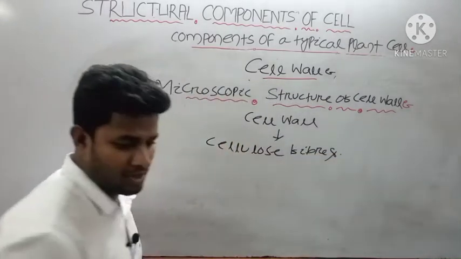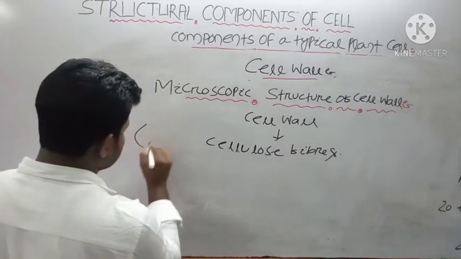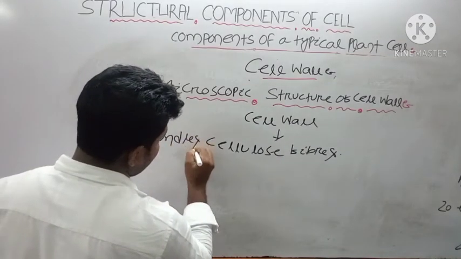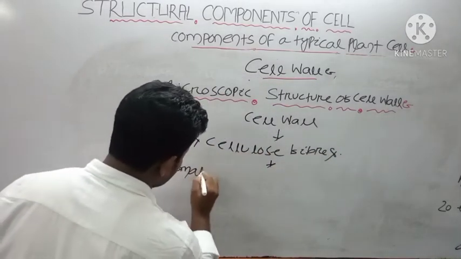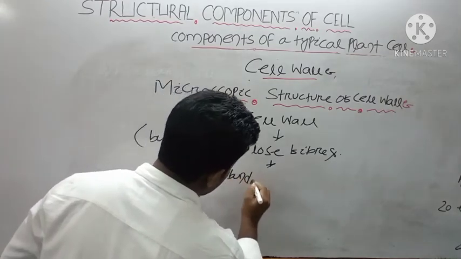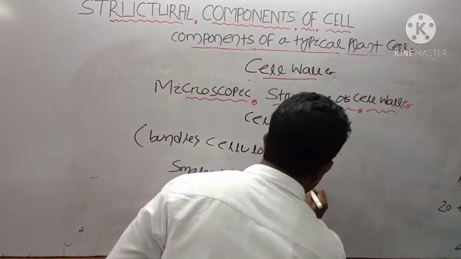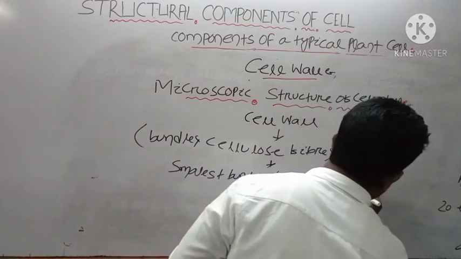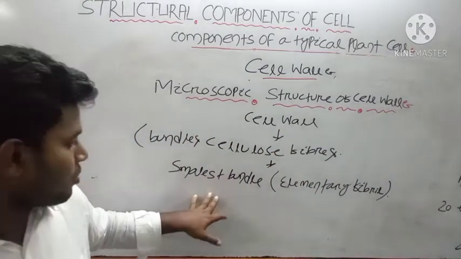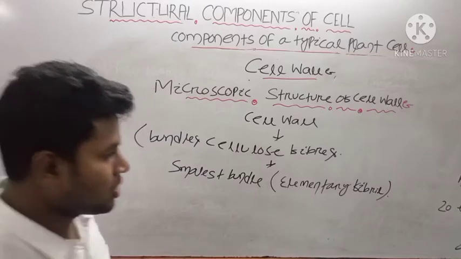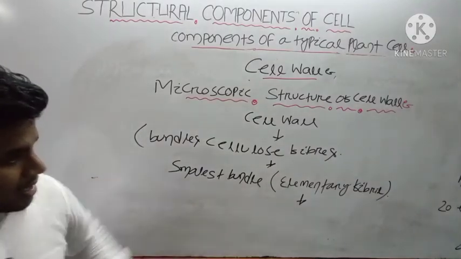The cellulose fibers are present in bundles, and the smallest bundle of cellulose fiber is known as your elementary fibril, which is made up of 100 cellulose molecules.